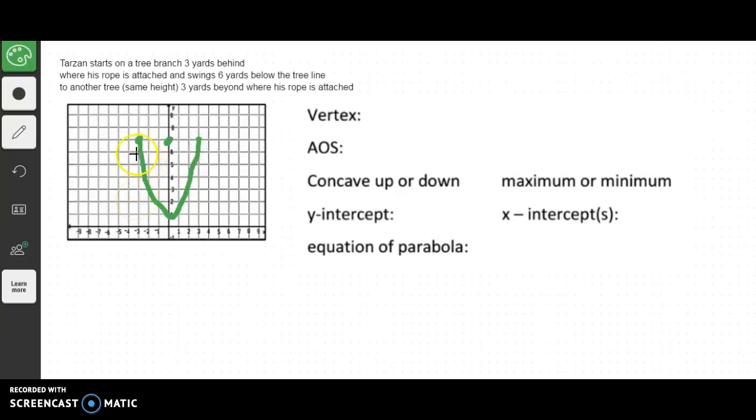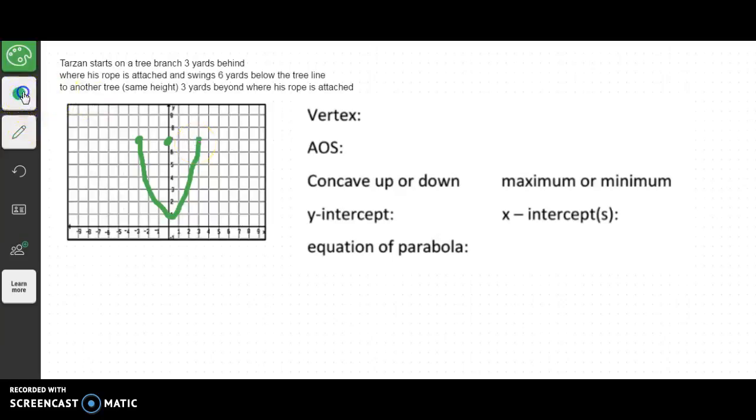Does that make sense? I didn't want to put it at 0, 0 because then it's not really realistic, in that his butt is going to hit the bottom. So I put it 1 foot up, but it's 6 feet high from side to side, and 3 feet away from the rope and then 3 feet on the other side of the rope.